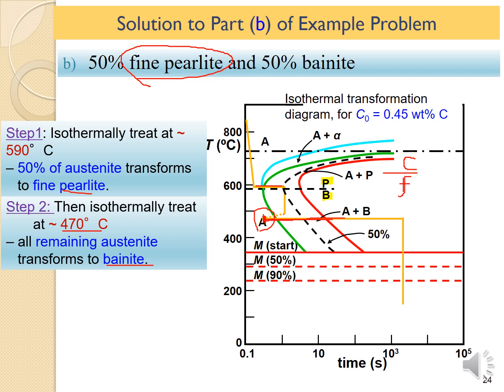So this TTT diagram doesn't have those details, but some other TTT diagrams will have the details given. Again, on top, if you cool it quicker or to a higher temperature, you will have a coarser microstructure or coarser grain. If we cool it to a relatively lower temperature, but still within the pearlite region, the grain size will be smaller, which will be finer grains.